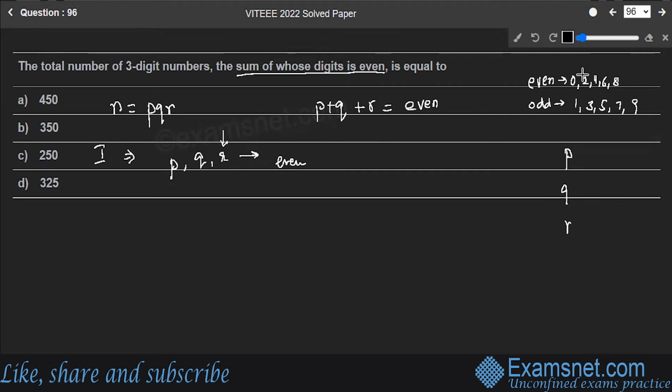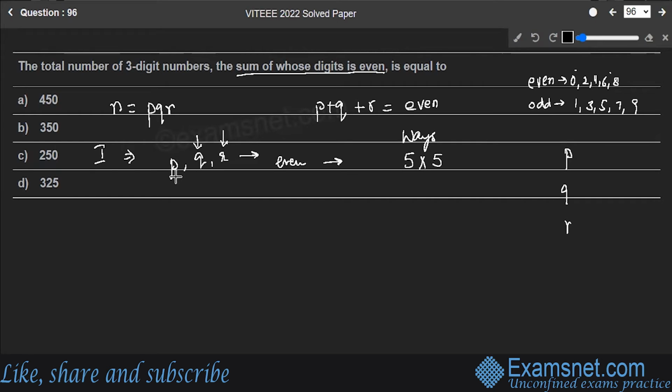So R can be either 0, 2, 4, 6, 8. So how many possible ways are there for R? This is 5. How many possible ways are there for Q? Again 5 possible digits which can come at the place of Q. These are the ways.